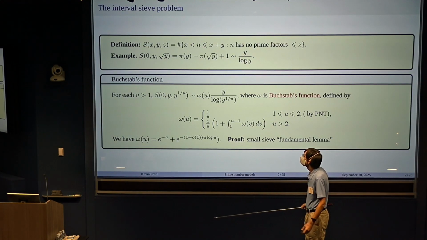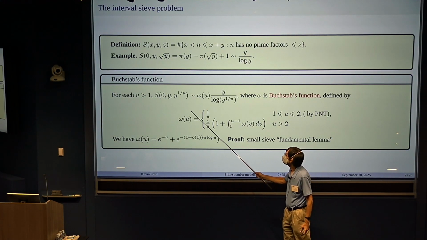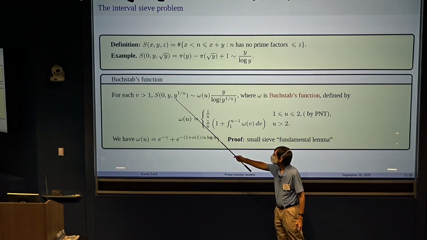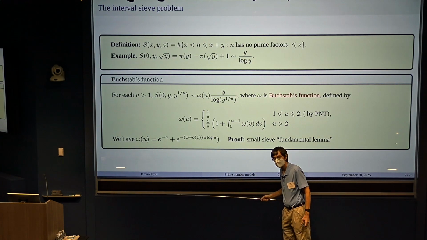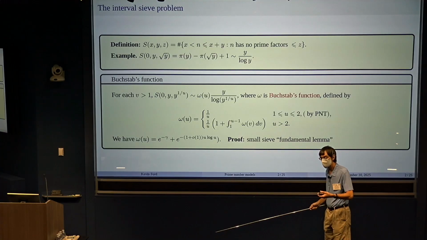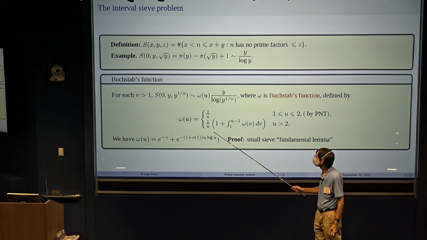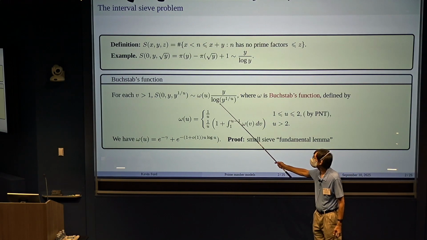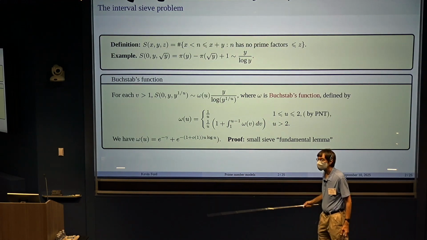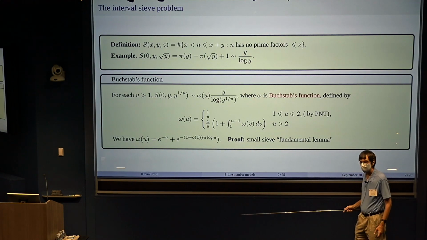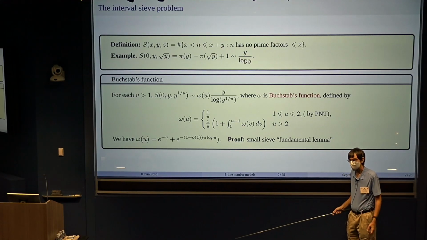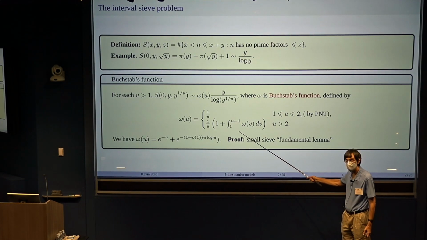Okay, so that's one. Also, if we generalize this, so we change our cutoff for the prime sieving to y to the power 1 over u, then using the prime number theorem and some iterative techniques, one can show an asymptotic for this in terms of something called the Buchstab function. Now, the Buchstab function does not have a simple elementary formula, but it has this delay equation.